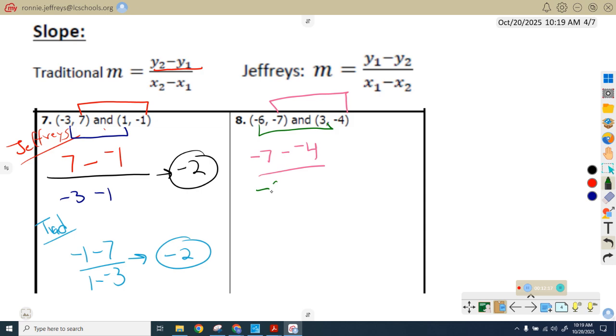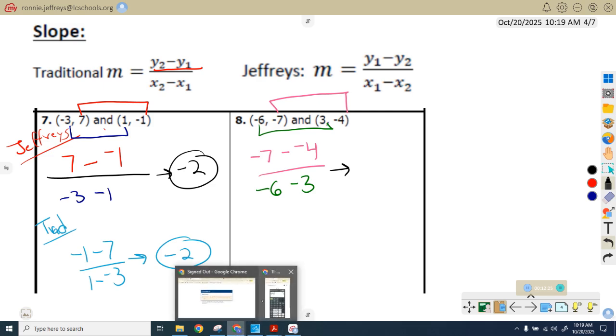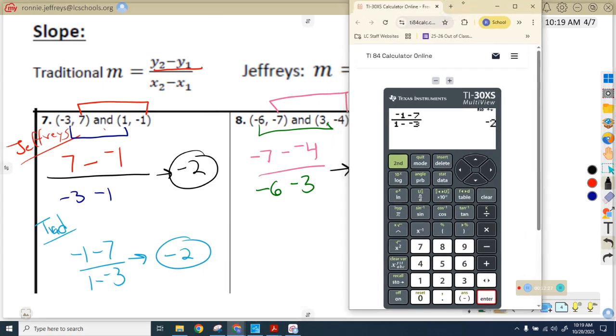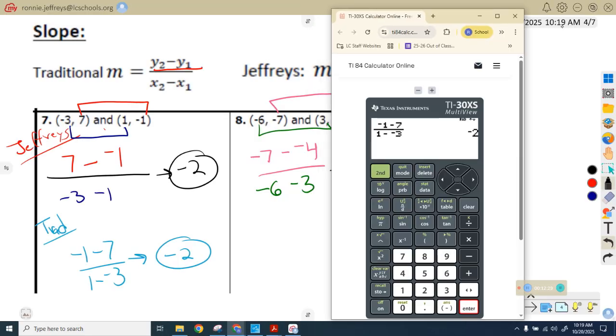And then -6 minus 3. All right, so -7 minus -4, -6 minus 3.